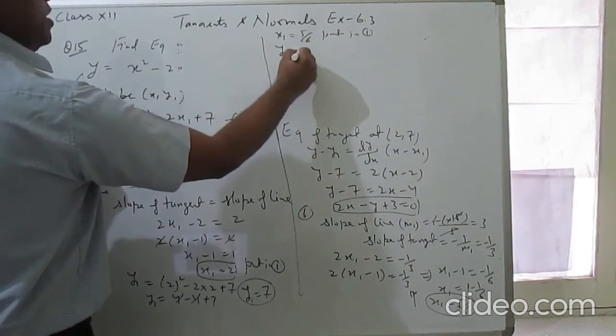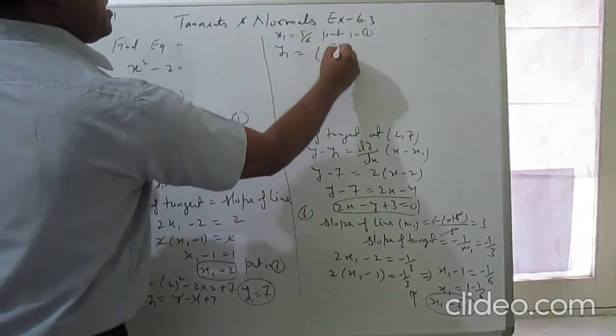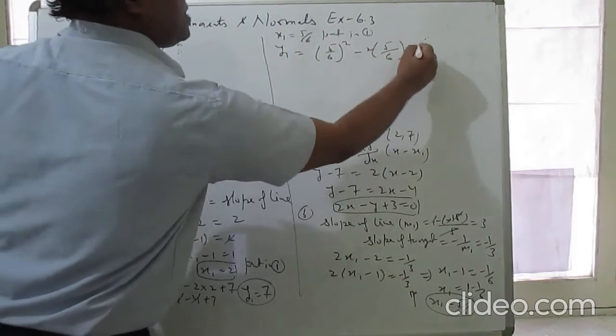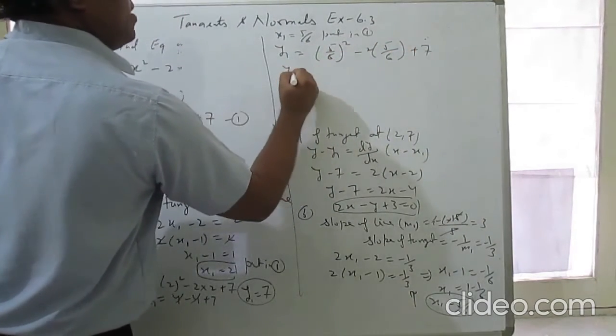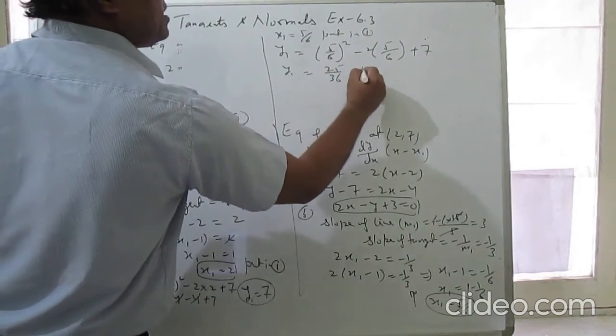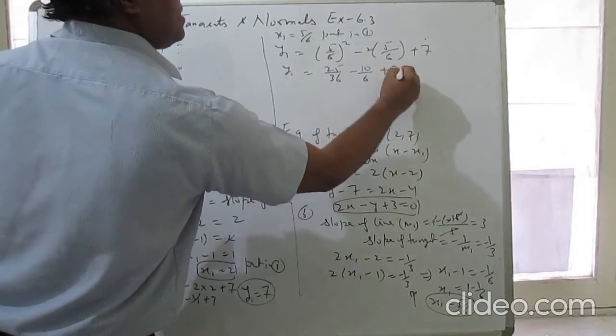So y1 is equal to (5/6)² minus 2 into 5/6 plus 7. So y1 is equal to 25 upon 36 minus 10 upon 6 plus 7.